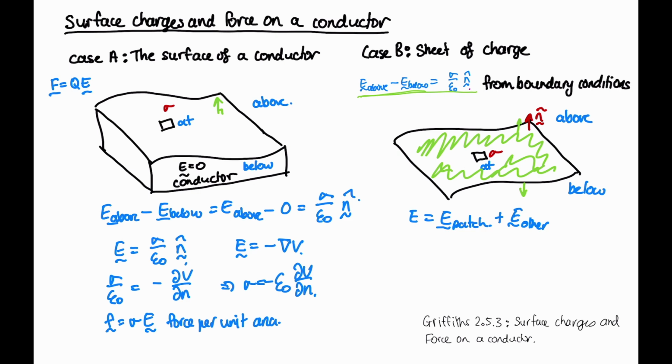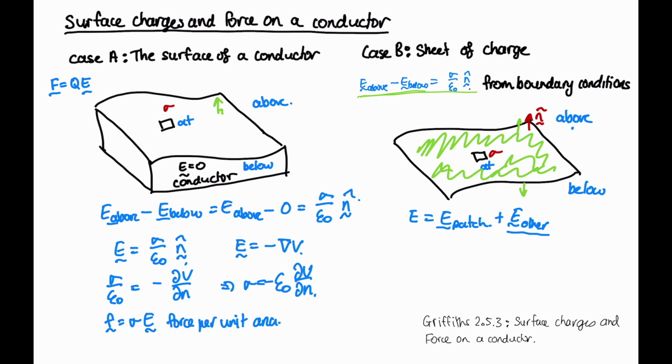Okay, so let's have a think about how we can express E other here. Once again, we'll consider two parts. We'll consider the electric field above this plane, and we'll consider the electric field below this plane. So above, we've got the electric field from the charges going up, and down below, the electric field from this sheet of charge is going down.